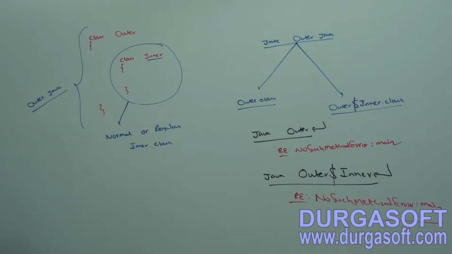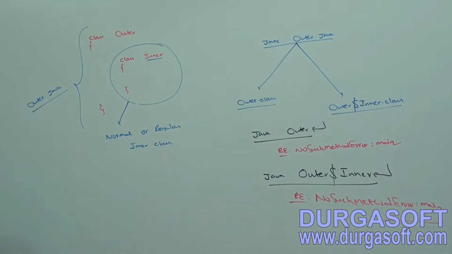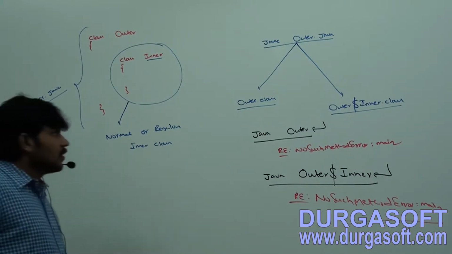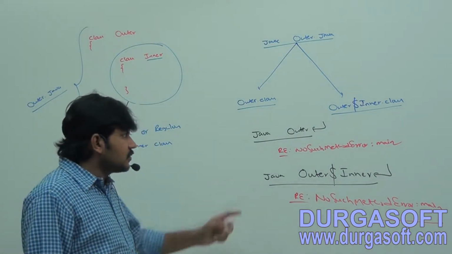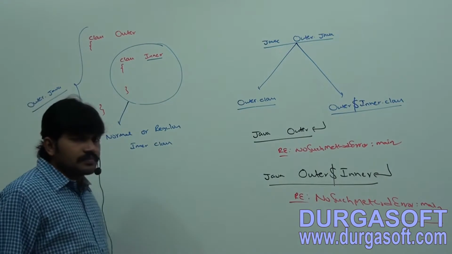Completed, I hope. Take it clearly. javac Outer.java generates Outer.class and Outer$Inner.class.